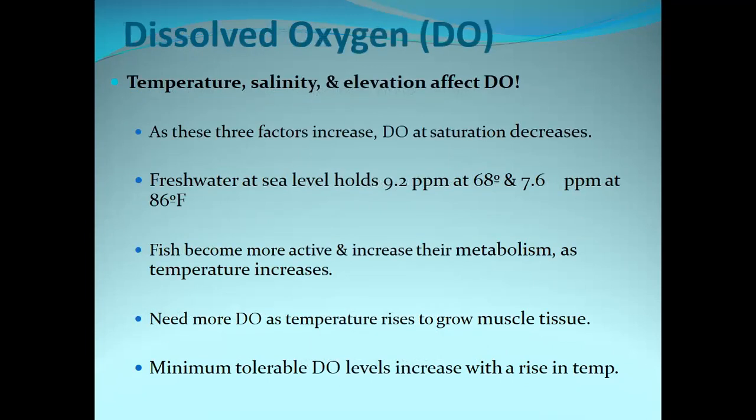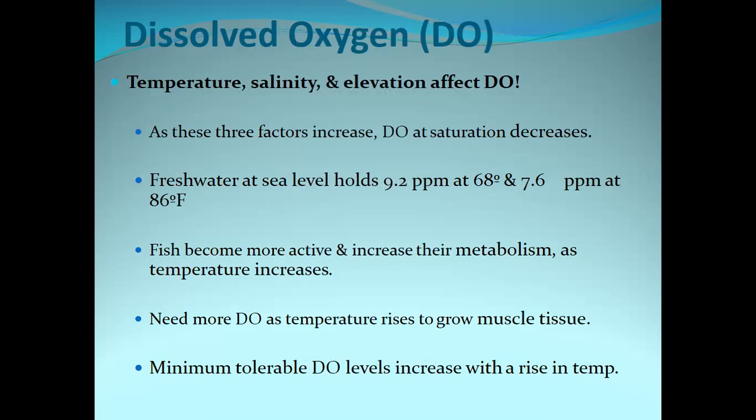So the other water quality parameter is dissolved oxygen. Now, dissolved oxygen is affected by other water quality parameters, namely temperature that I just mentioned. When temperature rises, there is less dissolved oxygen; at lower temperature, water can retain more. Another thing that affects dissolved oxygen is salinity.